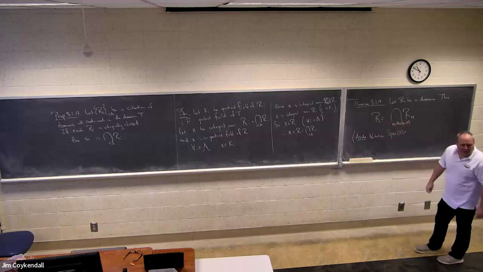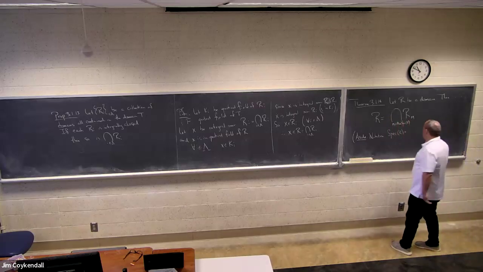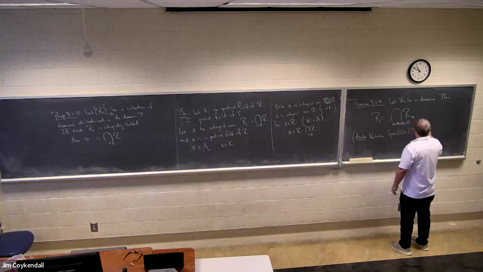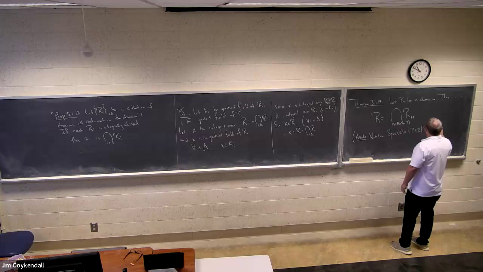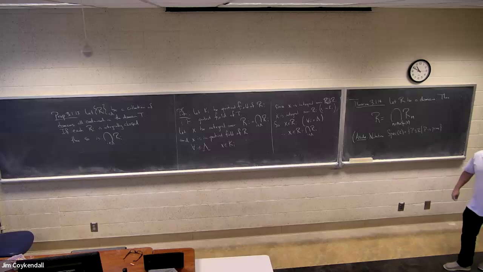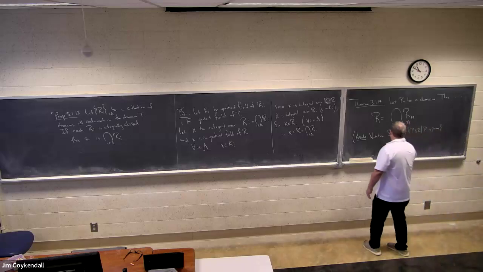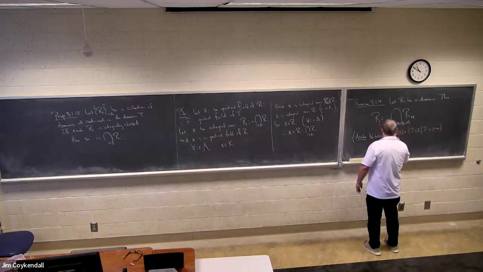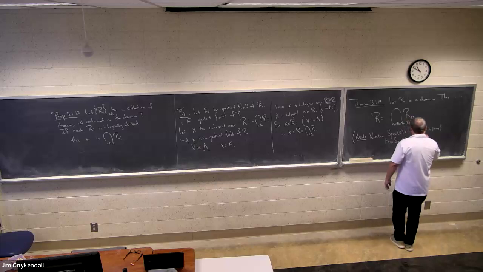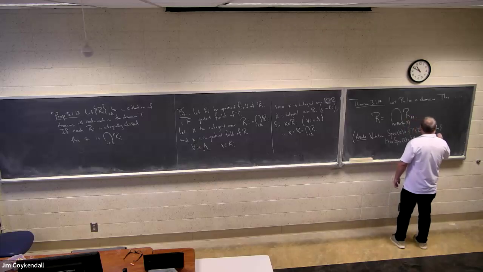If you ever see the notation spec R, spectrum R, this is the collection of primes P in R. So spec R is just the collection of prime ideals. Max spec R is the collection of maximal ideals.